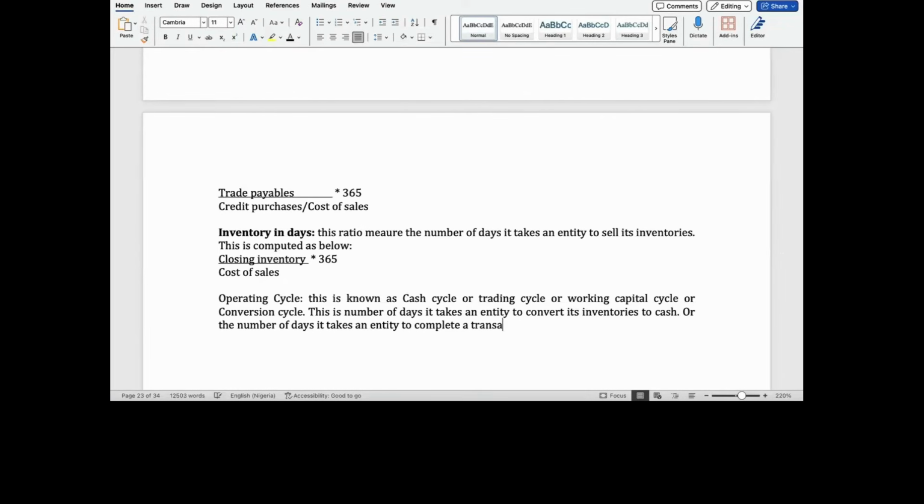How long does it take you to complete a transaction cycle? It is calculated as trade receivables in days plus inventory in days minus trade payables in days.